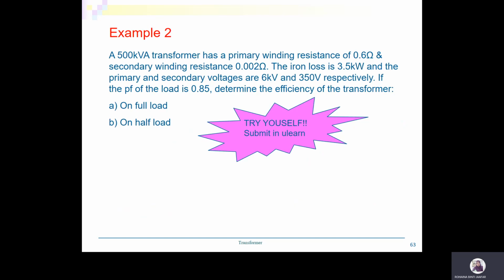Okay, so please try example 2 and submit to me in ULearn after your classes. The steps are the same as example 1. You have to find the efficiency on full load and then the efficiency on half load.